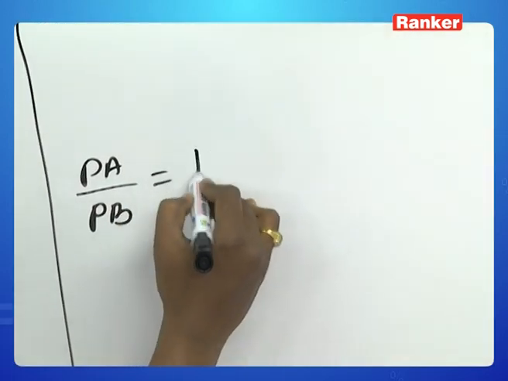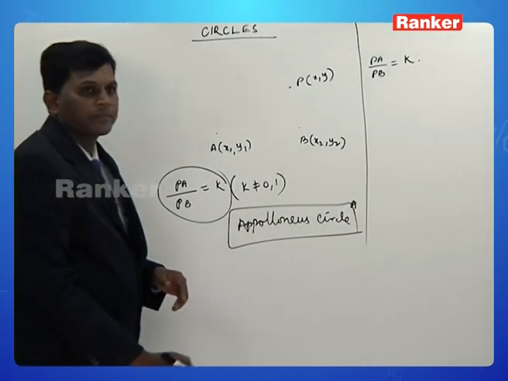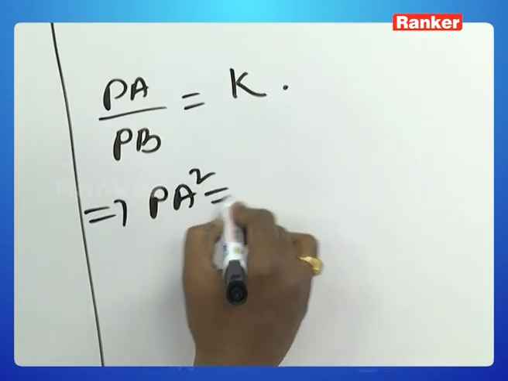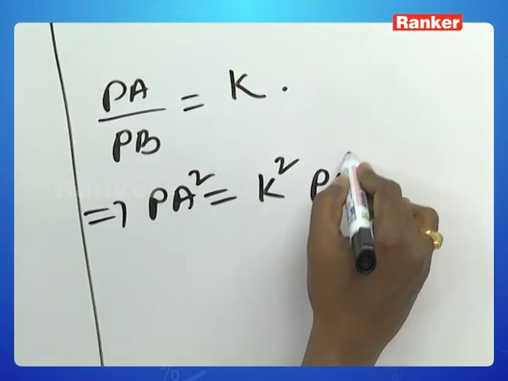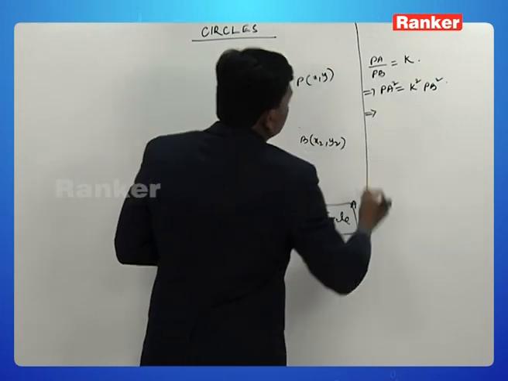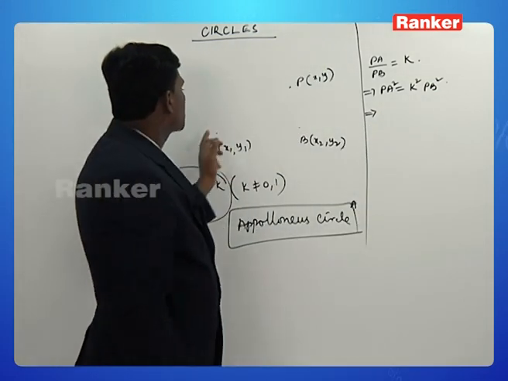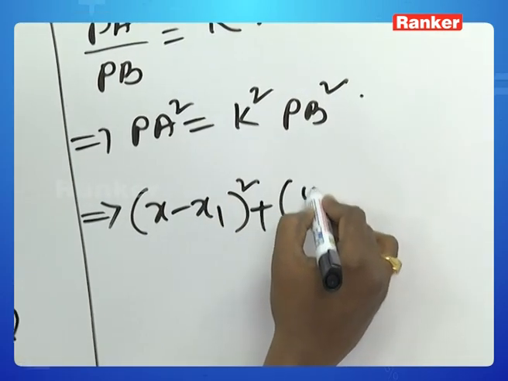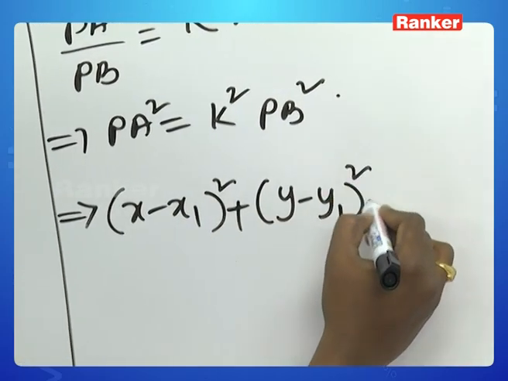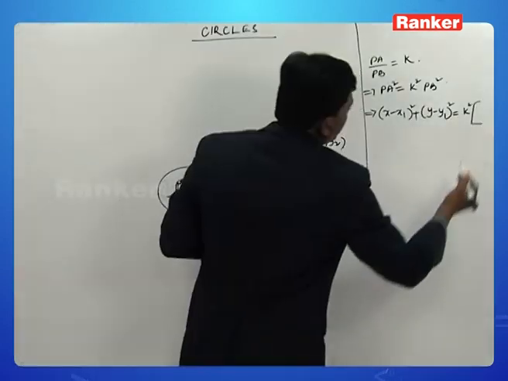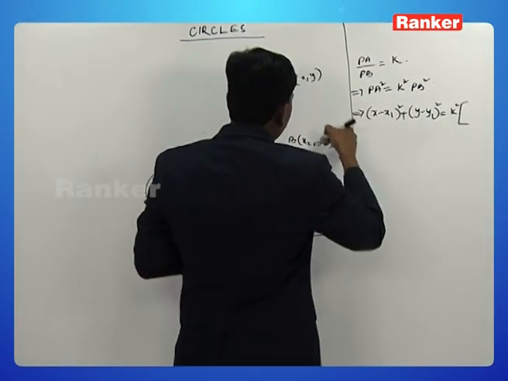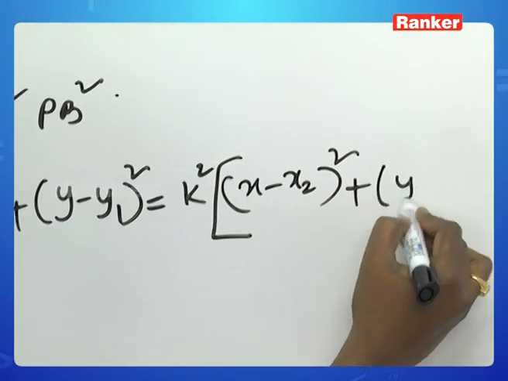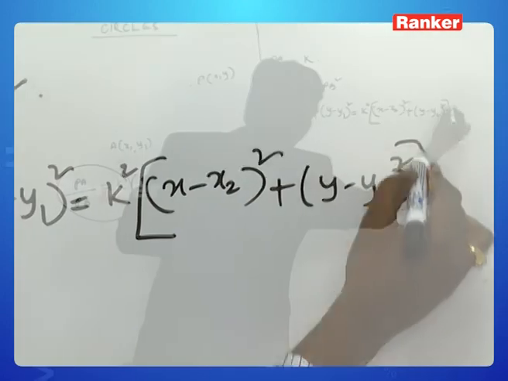PA by PB equals constant k implies PA square equals k square into PB square. Substituting the values, PA square is x minus x1 whole square plus y minus y1 whole square equals k square into PB square, which is x minus x2 whole square plus y minus y2 whole square.